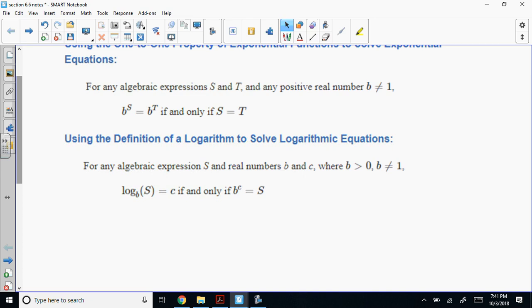This property says for exponentials, if the bases are the same, then you can take their exponents and set them equal to one another and solve it, right? But you got to get the bases the same. That's the key for an exponential. But if you can't get that, then we're going to show you what to do.